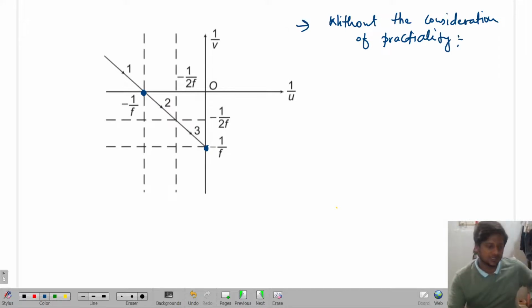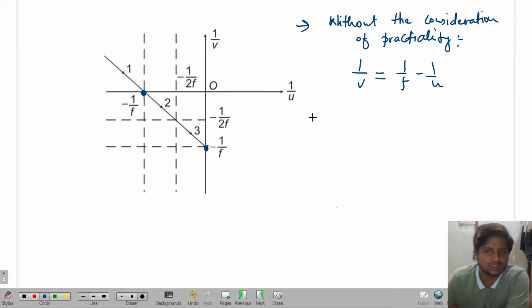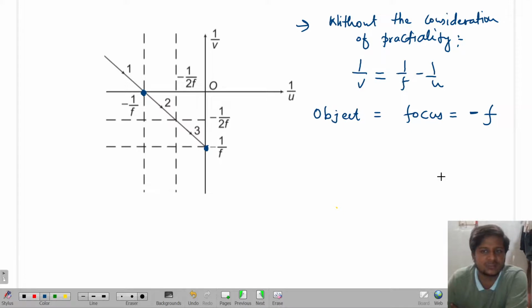If I didn't consider the practical cases of it, what is going to happen? Try to understand that 1 by v will be equal to 1 by f minus 1 by u. You know that. If my object is at focus, you know that for a concave mirror, the object distance is always negative. So if I place it at focus, the object distance will be minus of f.